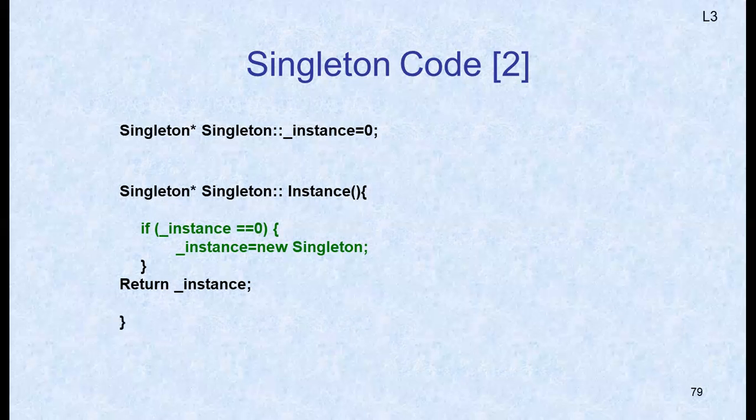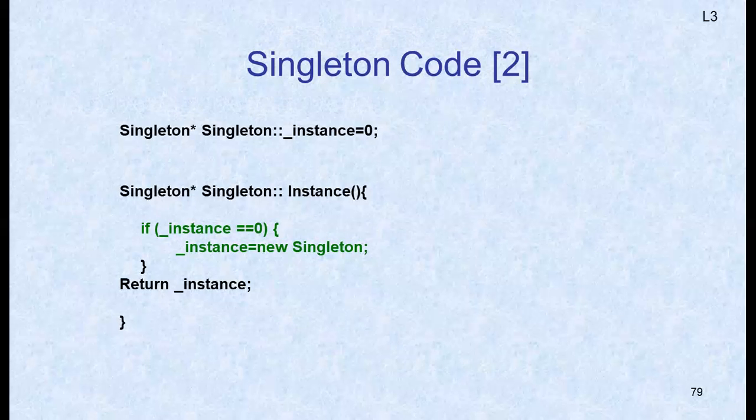This ensures that only one instance can ever get created. Moreover, since _instance is a pointer to a singleton object, the instance member function can assign a pointer to a subclass of singleton to the variable. And we will give an example of this in a sample code.